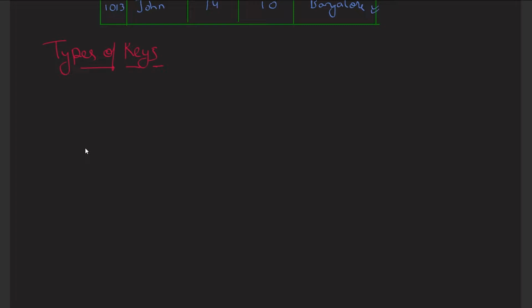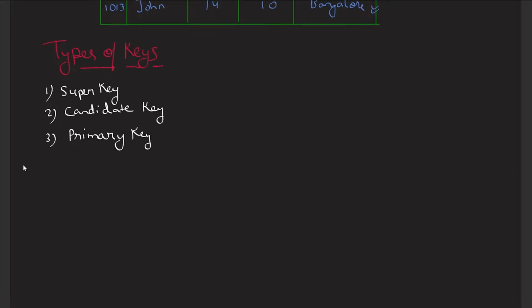So first I will write all the names of the different types of keys. So first key is super key. Second is candidate key. Third, primary key. Fourth one is alternate key.